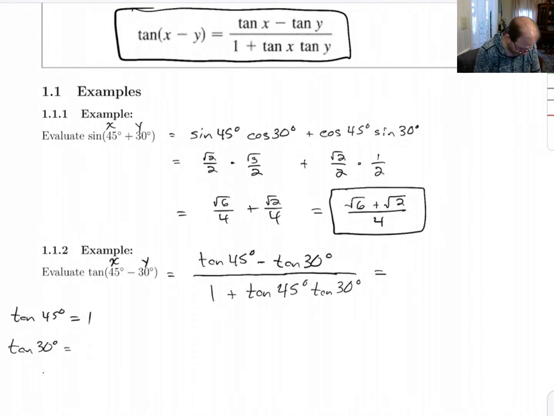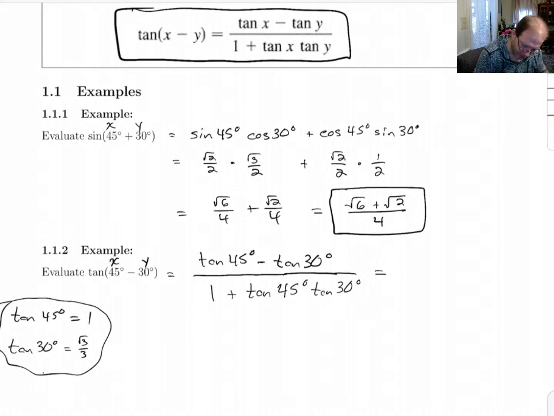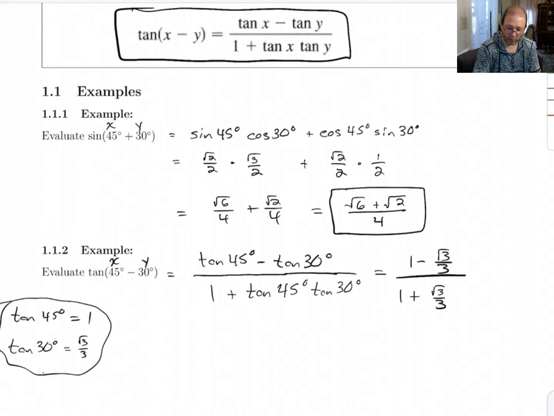Now let's see, tan of 30, yeah, it's root 3 over 3. So I'm going to take these and plug them in over here. So up top I get 1 minus root 3 over 3. And on the bottom I get 1 plus root 3 over 3 times 1. I'm going to leave the times 1 off of there.